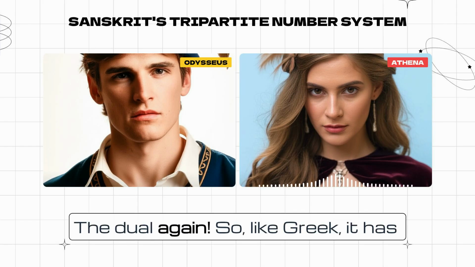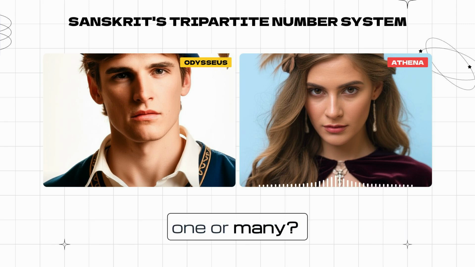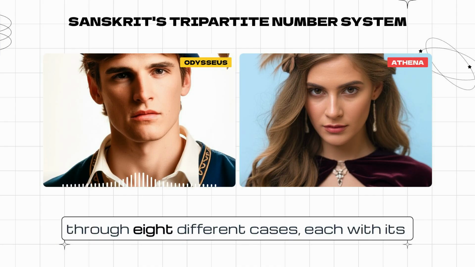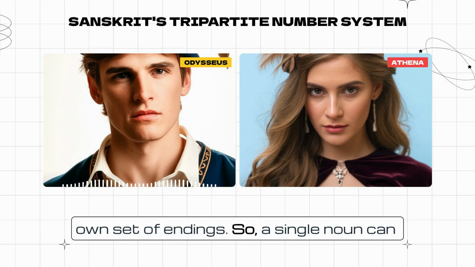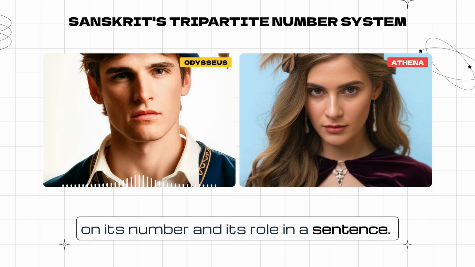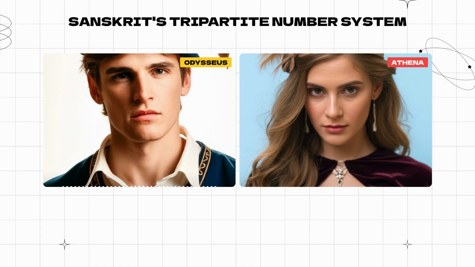The dual again. So, like Greek, it has specific forms just for two things, not just one or many? Precisely. And for each number, nouns decline through 8 different cases, each with its own set of endings. So a single noun can have 24 different forms just based on its number and its role in a sentence. It's a truly sophisticated system.